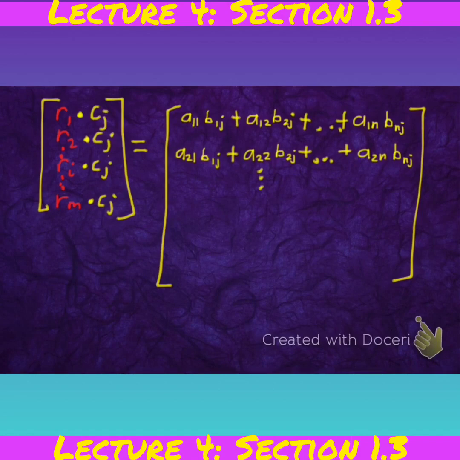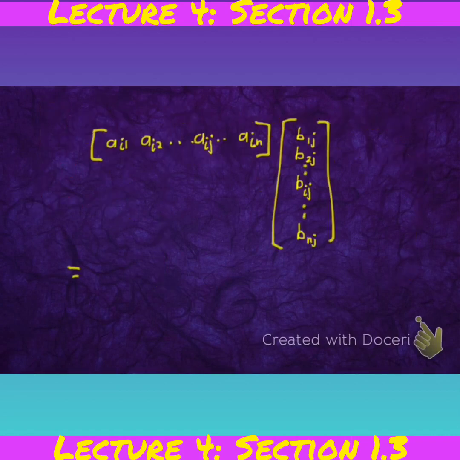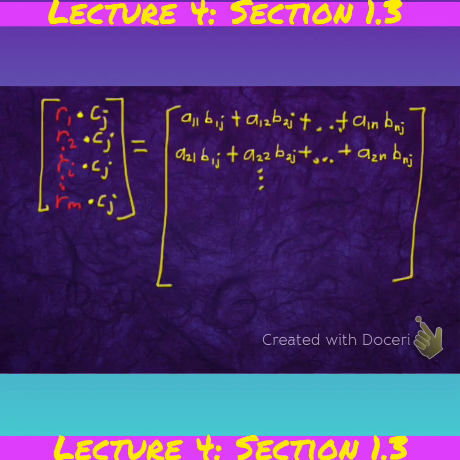And we can carry this process through until we get to the ith row. So it's the ith row of A dotted with Cj. Again, we match the entries, and we multiply each entry with its matching partner.